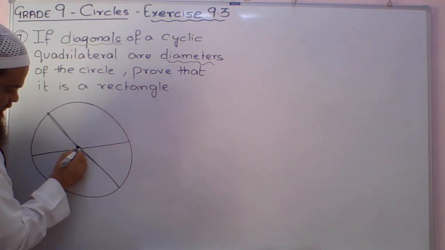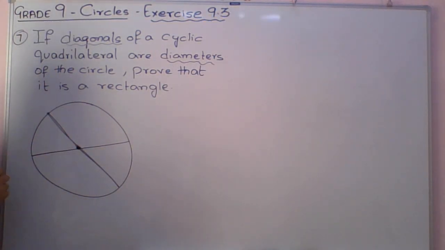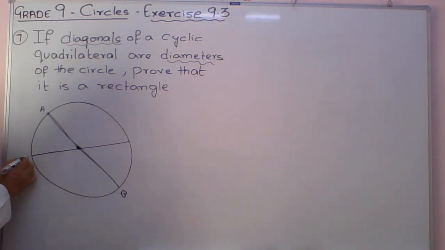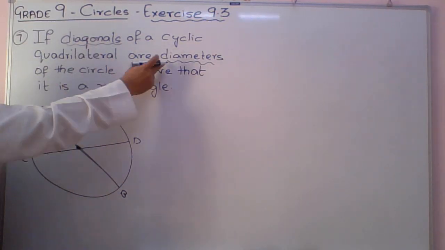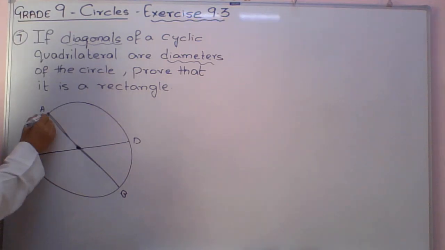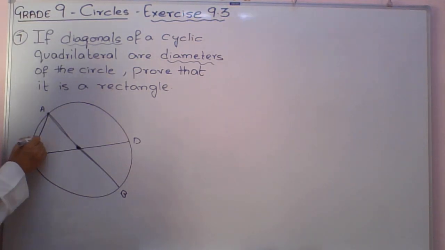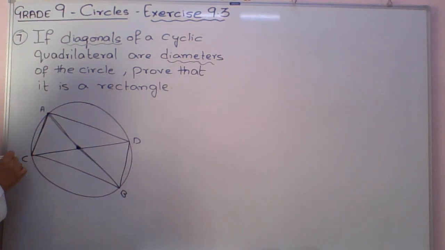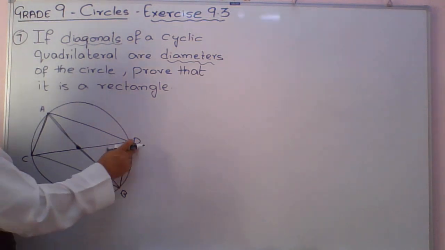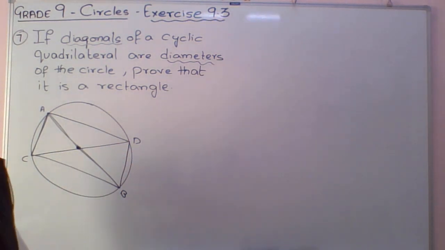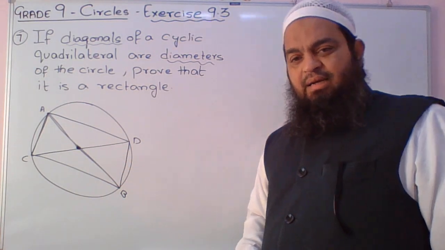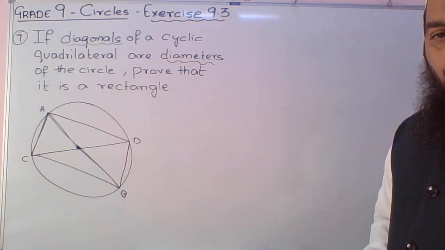This is the center of the circle, and these are the diagonals, A and B, C and D. So 2 diameters I have drawn, and he says the 2 diameters are diagonals of the quadrilateral. So let me join these 4 ends. Now I have to prove that ACBD is a rectangle. What are we supposed to prove? We have to prove that ACBD is a rectangle. Is it right? Okay, now let us prove it.